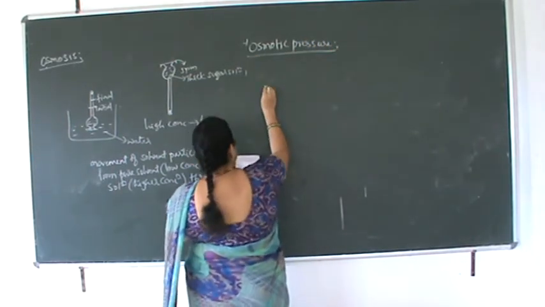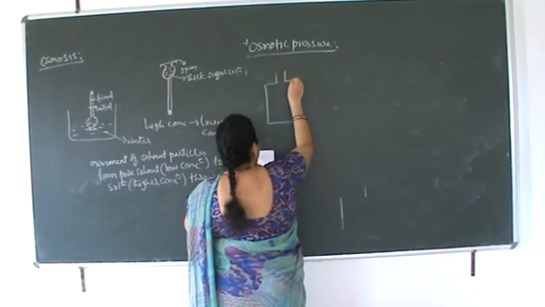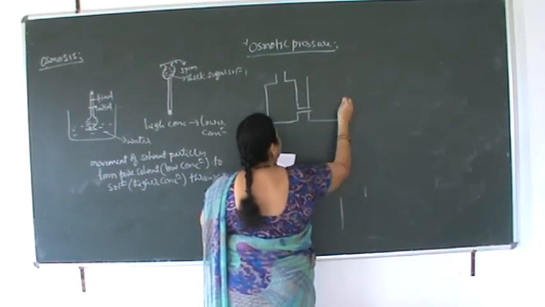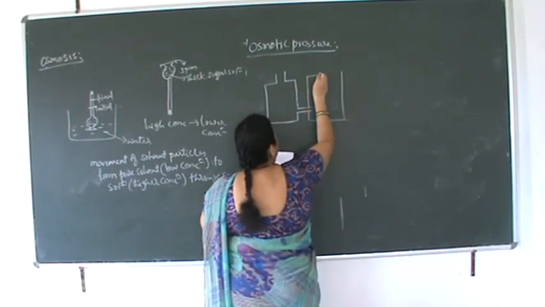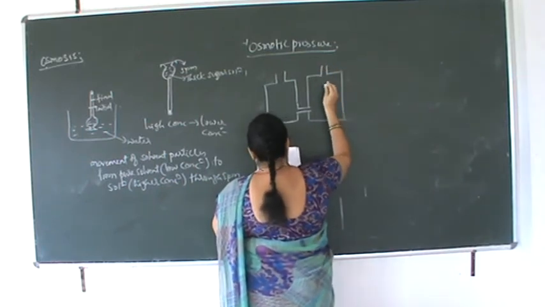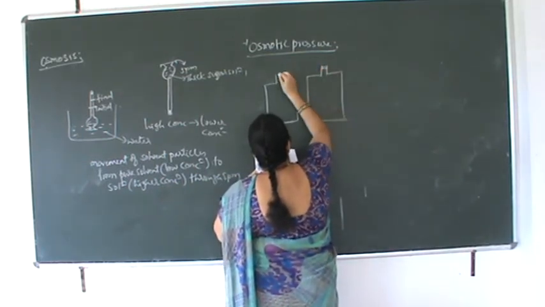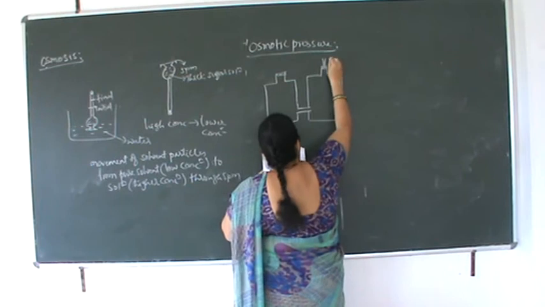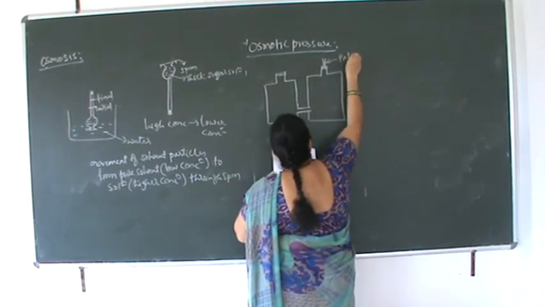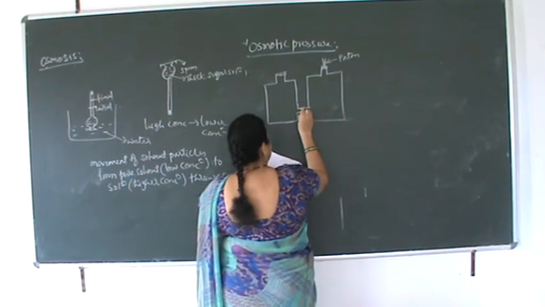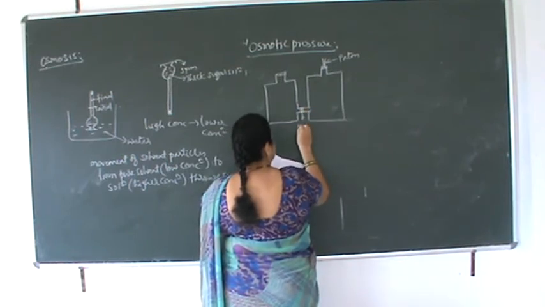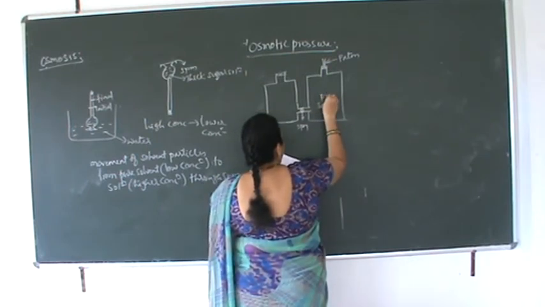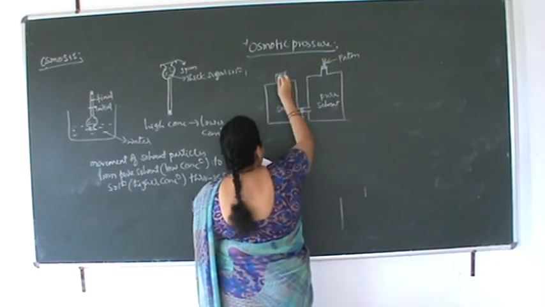Here is one diagram. Here we are applying pressure. Some pressure is responsible for the movement. This is the semi-permeable membrane, this is the pure solvent, and this is the solution.